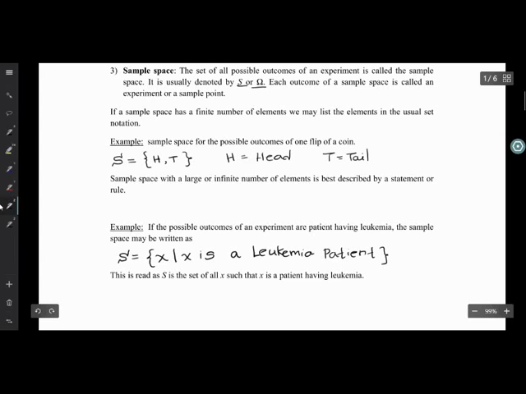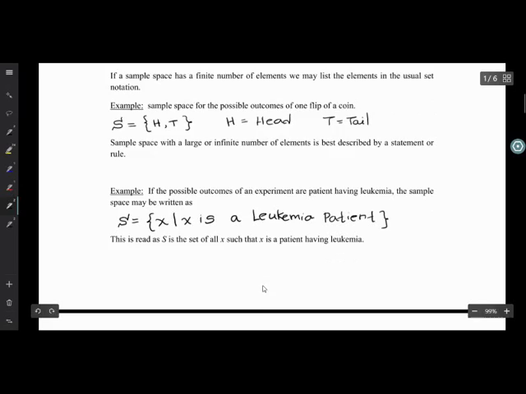So we write this as S is the set of all X such that X is a leukemia patient.